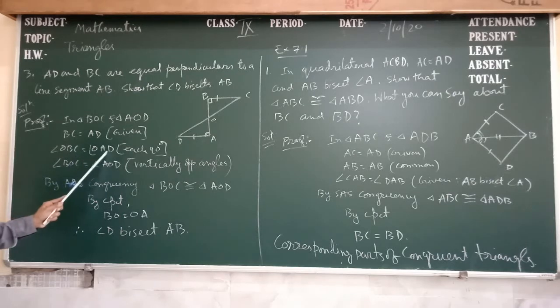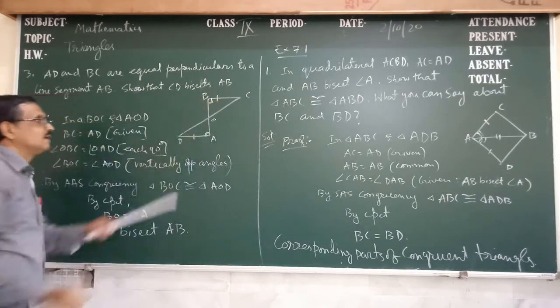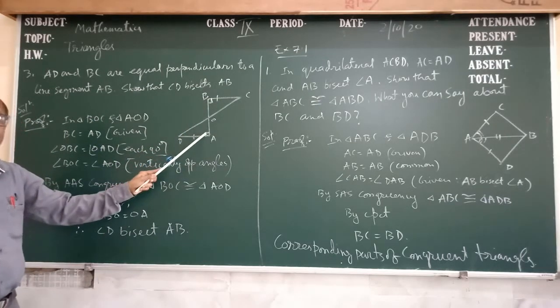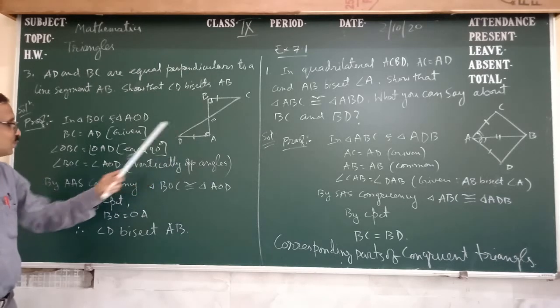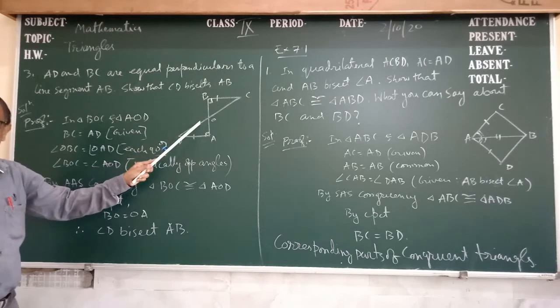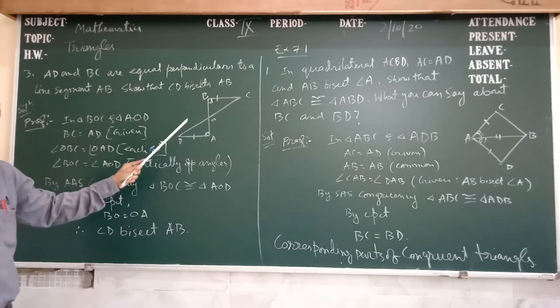Angle OBC and angle OAD are each 90 degrees. OBC is this angle and OAD is this angle. This is 90 degrees given, because they are perpendiculars. So each is 90 degrees. So we consider this triangle and this triangle. In both the triangles we have 3 sides and 3 angles. Which are equal and why they are equal, we have to mention also.